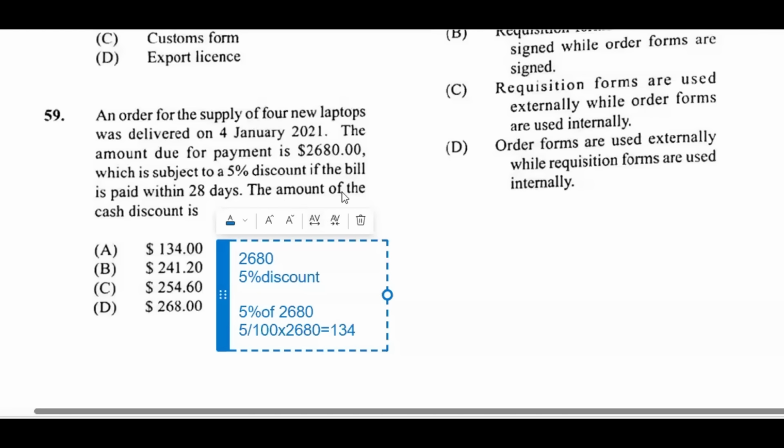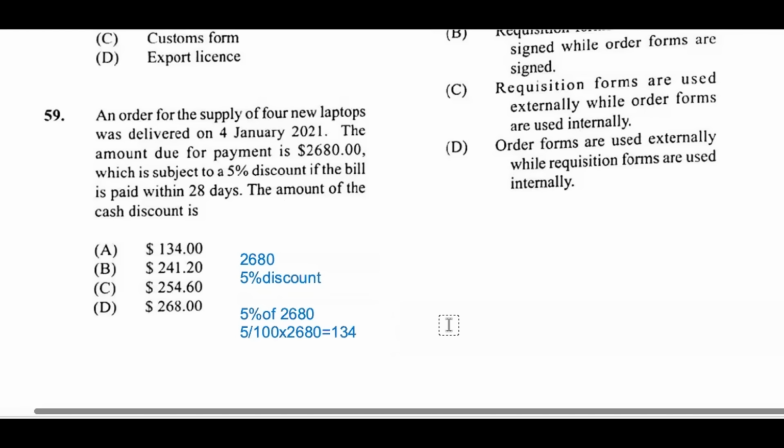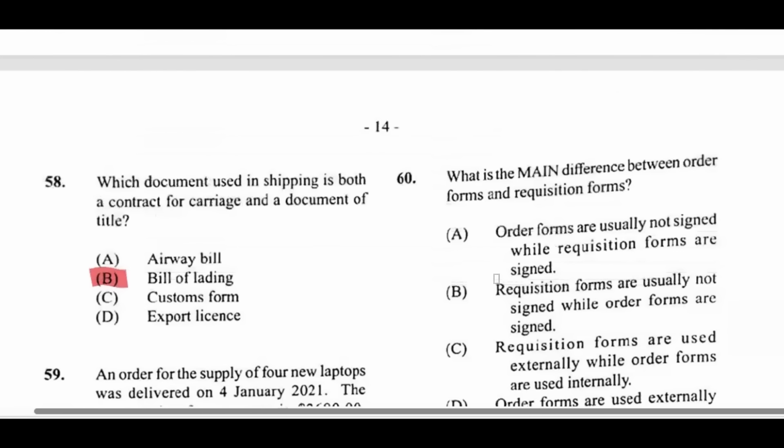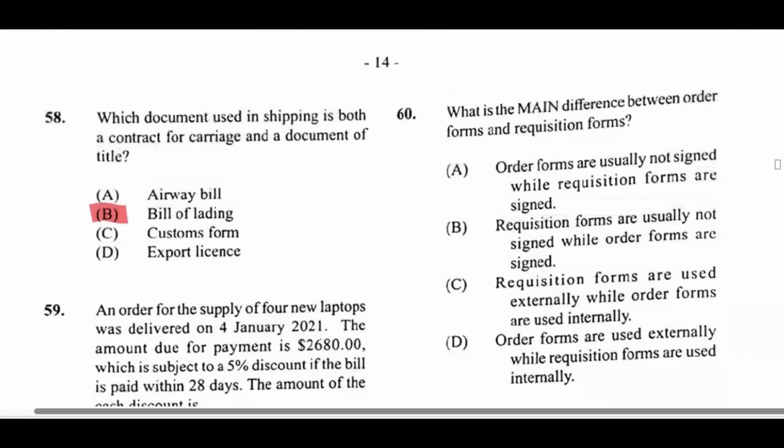So the amount of the cash discount is $134. That's all they want to find out, the discount. They didn't ask you for the final total or anything. They just want to know, what is the discount? $134. Alright? 60. What is the main difference between order forms and requisition forms?